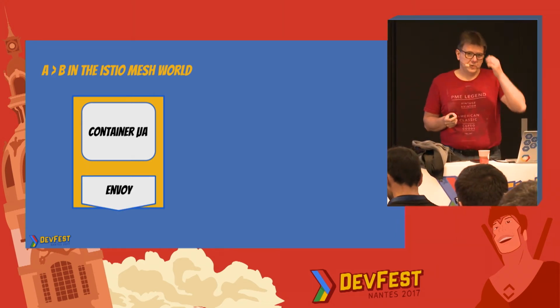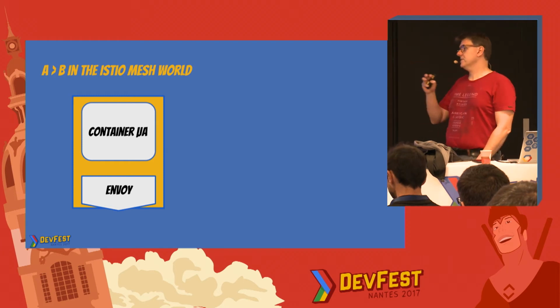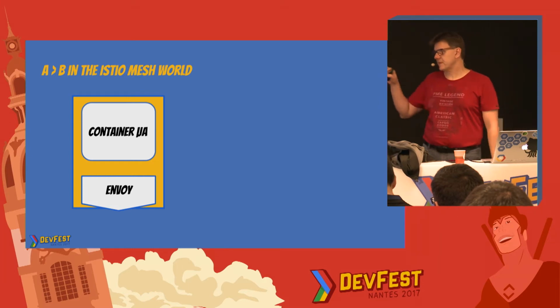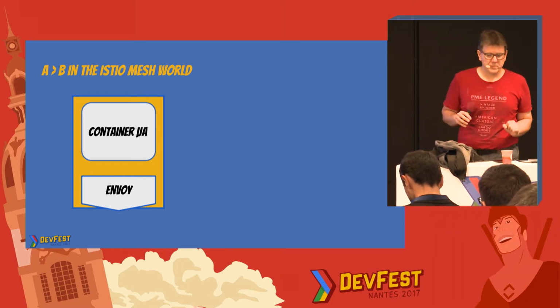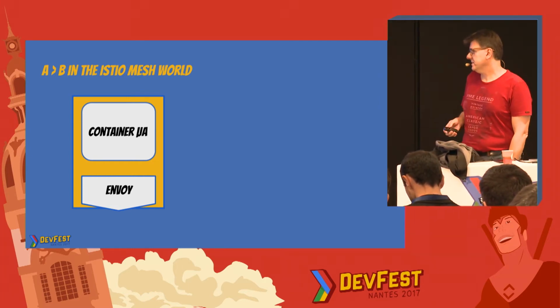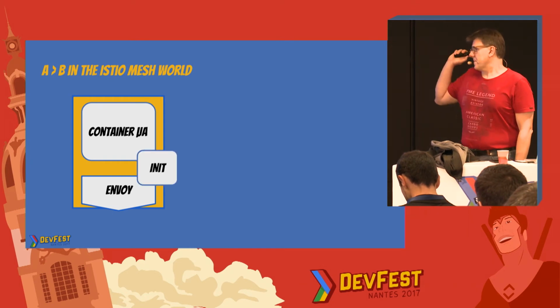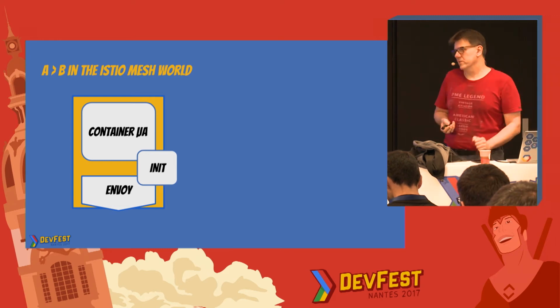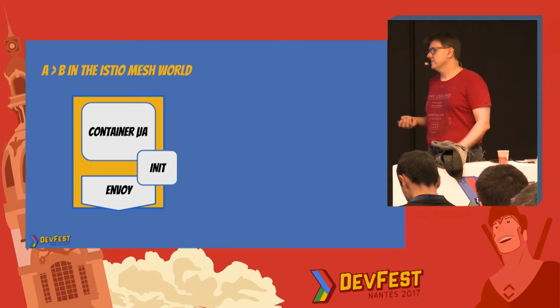What does Istio do? With each container, it will add a service proxy, and that's Envoy. Go into details later, but there's an init container that starts every time there's a new instance of your container. What does it do?